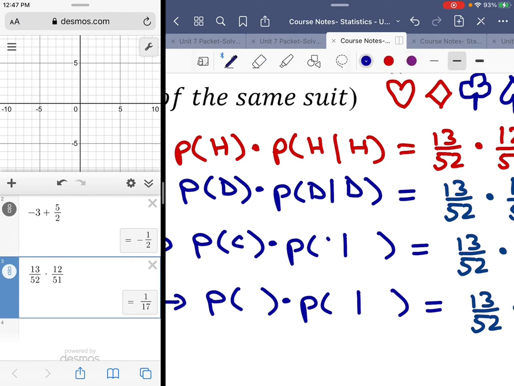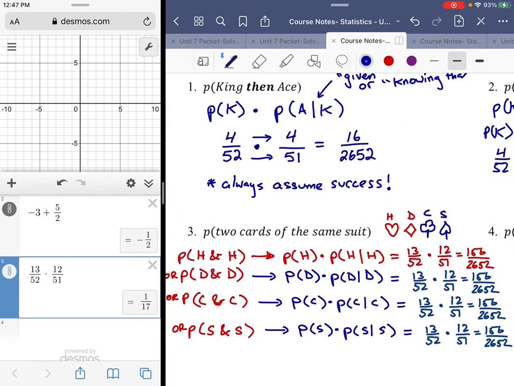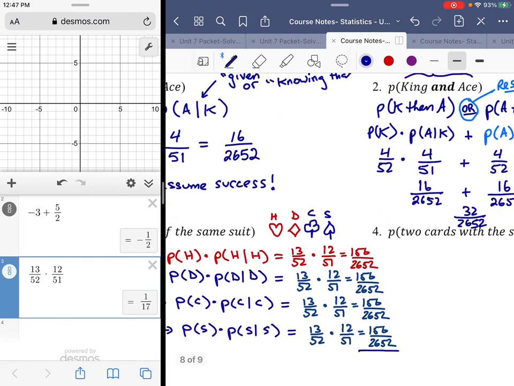So clubs, spades. All right, so you add it all up, because the addition rule tells us to add. And we get 624 over 2652.